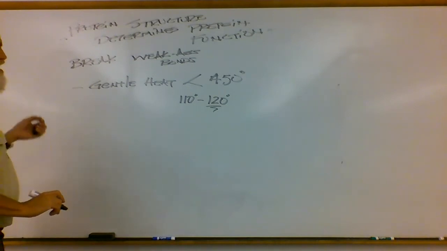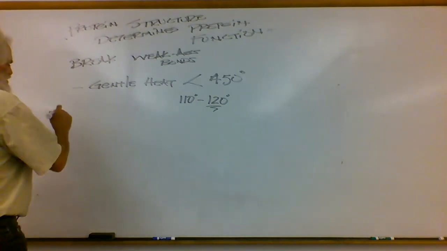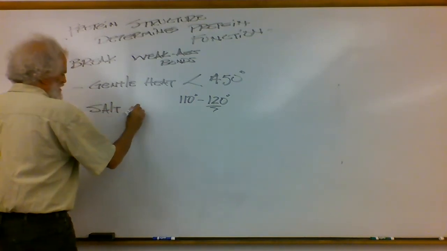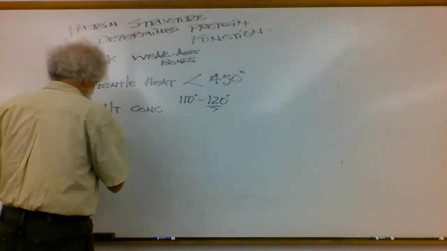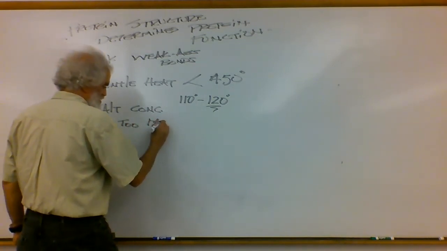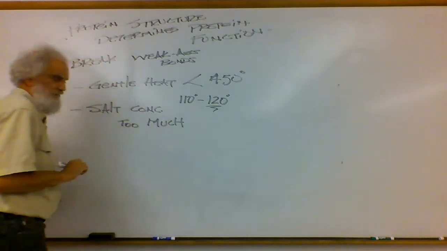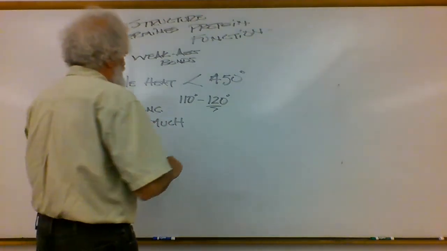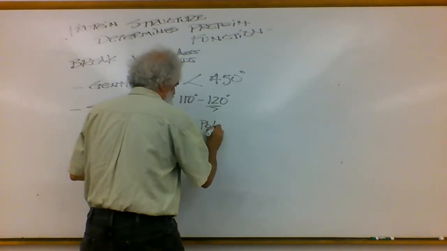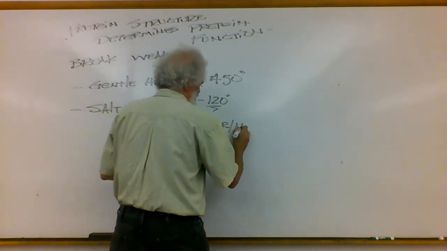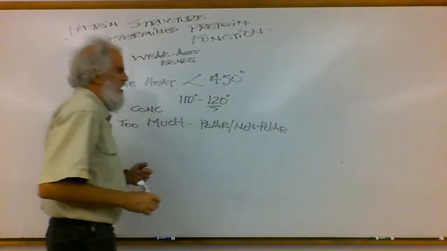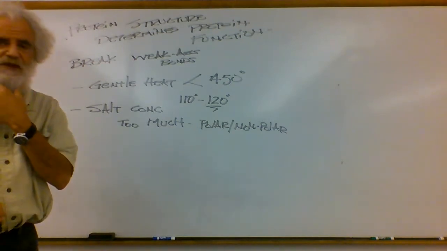Another thing that can break weak-ass bonds is the salt concentration. It can be too much. It can even be too little. And what this is going to do is start messing around with various polar, non-polar interactions and other kinds of ionic bonds and things.